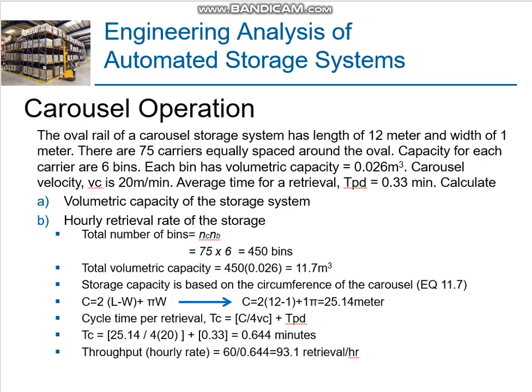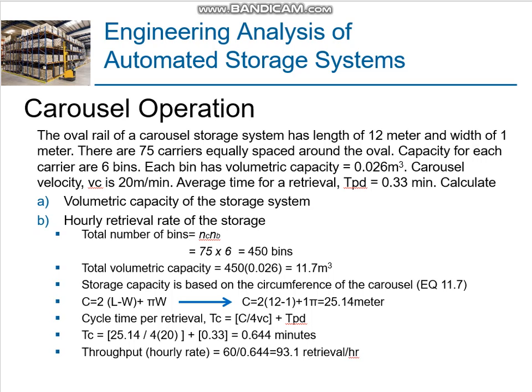Each bin has a volumetric capacity of 0.026 meter cube. Carousel velocity VC is 20 meters per minute. The average time for retrieval is 0.33 minutes. So calculate the volumetric capacity of the storage system and the hourly retrieval rate of the storage.